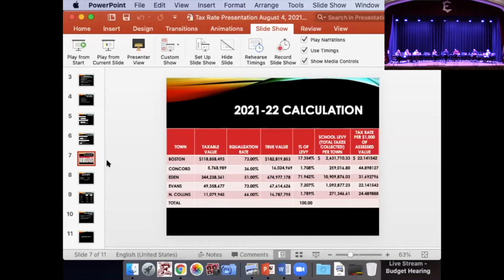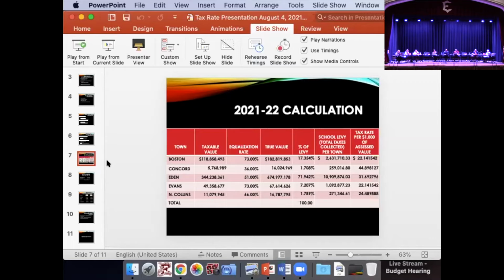The total levy collected from the town of Eden properties is $10,909,876.03. The tax rate for 21-22 calculates to be $31.692796.